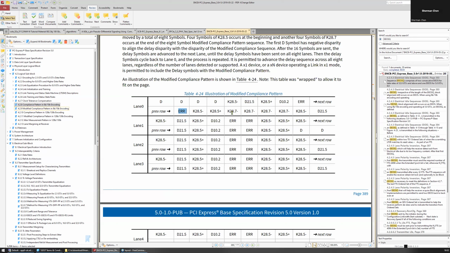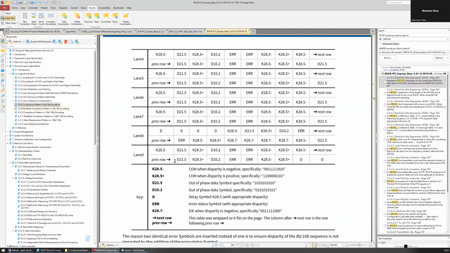Well, it's actually an additional other symbol, which is two K28.7, four of them inserted there. So anyway, this modified compliance pattern is based on the compliance pattern with some additional error symbols as well as K28.7 symbols.